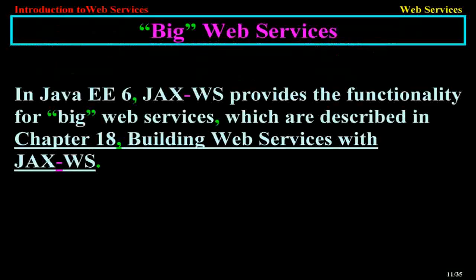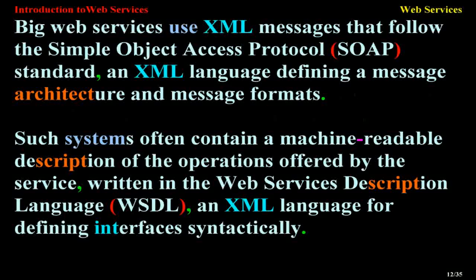Big web services. In Java EE6, JAX-WS provides the functionality for big web services, which are described in Chapter 18, Building Web Services with JAX-WS. Big web services use XML messages that follow the Simple Object Access Protocol (SOAP) standard, an XML language defining a message architecture and message formats.